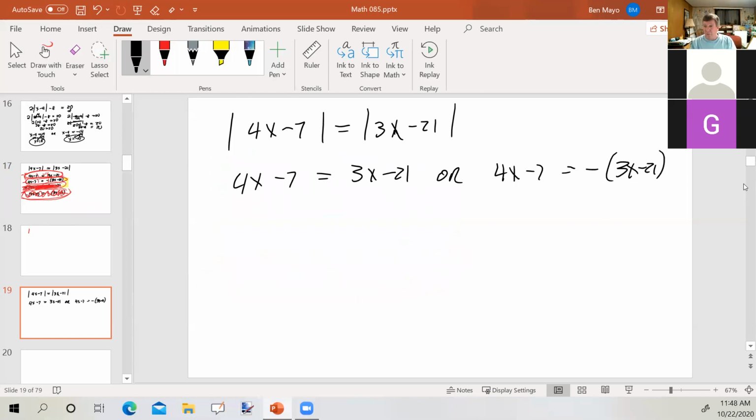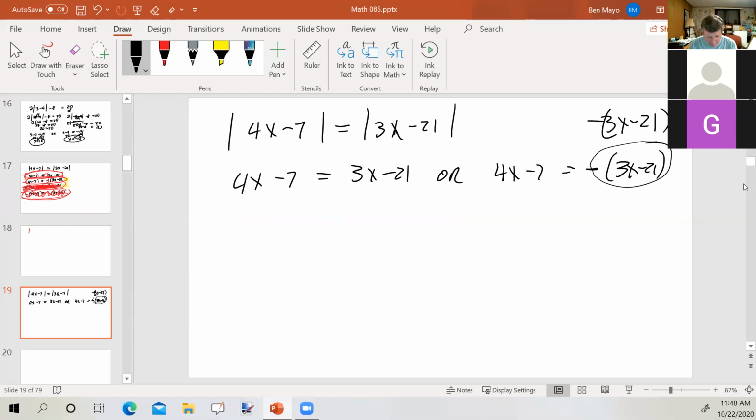That will give me the two possibilities. Be careful. You're taking the opposite of that entire quantity. Don't just write it like this. It's the opposite of all of that. So you're ultimately going to distribute that subtraction sign.